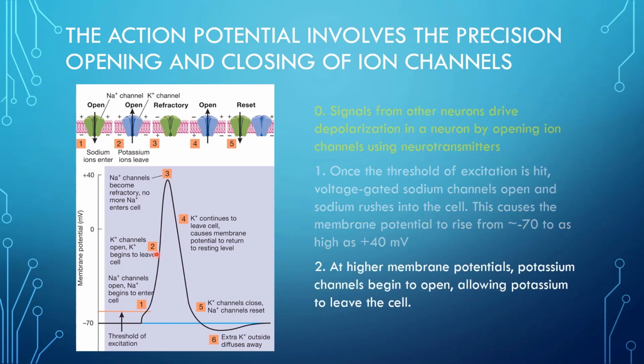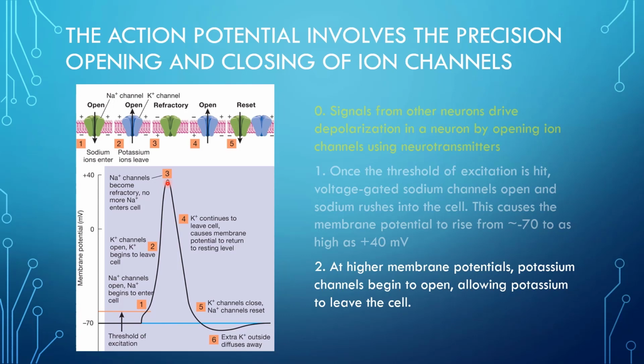What happens at this step 2? Well, it turns out that somewhere along the way, we also have potassium channels that are voltage gated. And these channels begin to open and allow potassium to leave the cell. And what you can see here is that this rapid slope that we've had starts to slow down just a little bit, especially as we reach the top here.